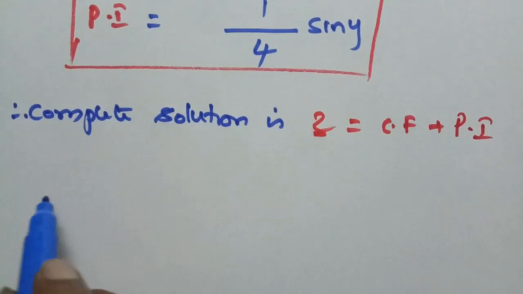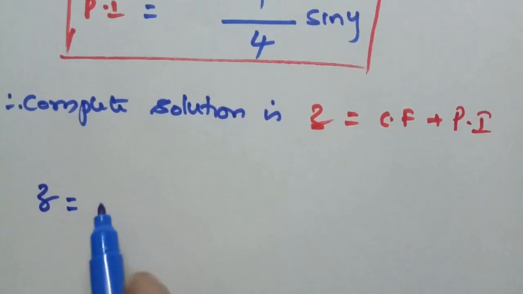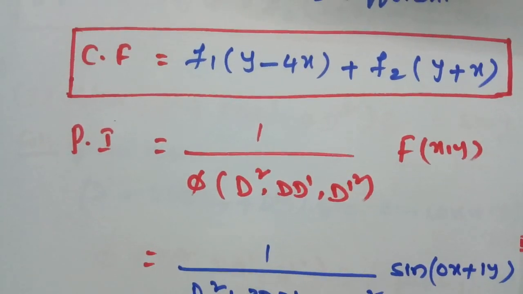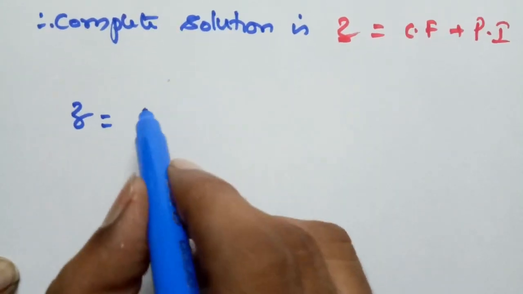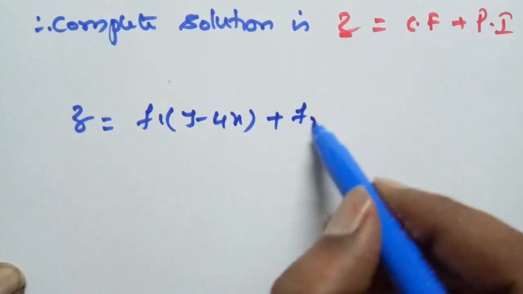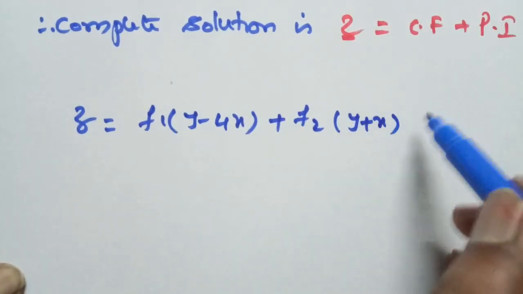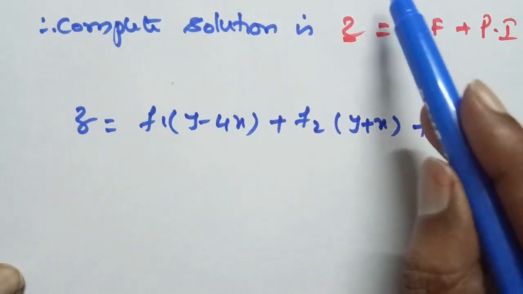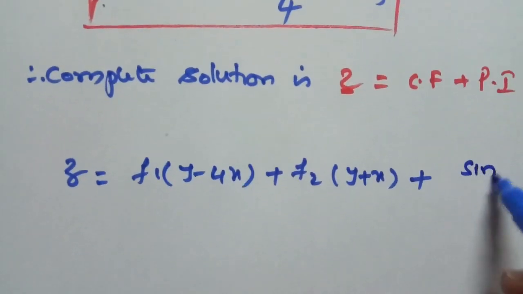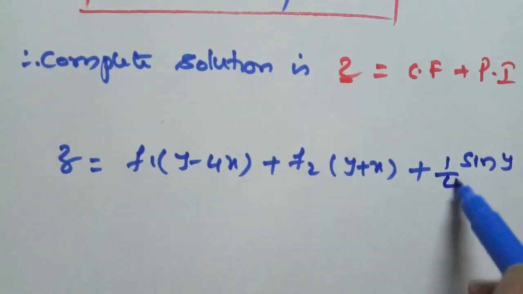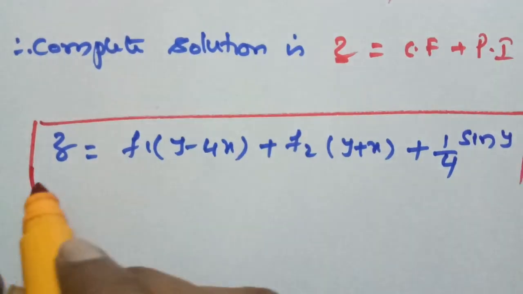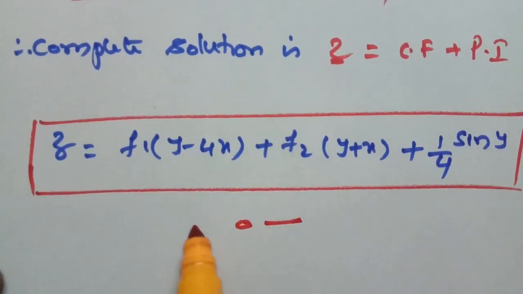Therefore, z is equal to f1 of y minus 4x plus f2 of y plus x plus the particular integral, sine y by 4. This is the required complete solution for the given equation.